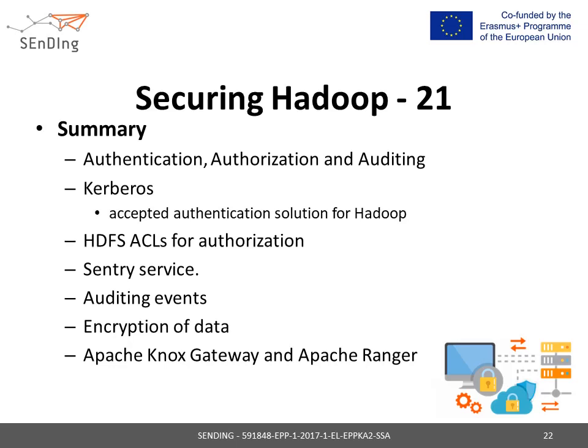Auditing events is quite critical, and you can audit all events for Yarn and HDFS. Encryption of data is essential for securing data at rest, and Hadoop comes with built-in encryption capabilities. To complete the circle of security, you must also secure data in transit. Finally, two Hadoop-related security initiatives, Apache Knox and Apache Ranger, were briefly presented.